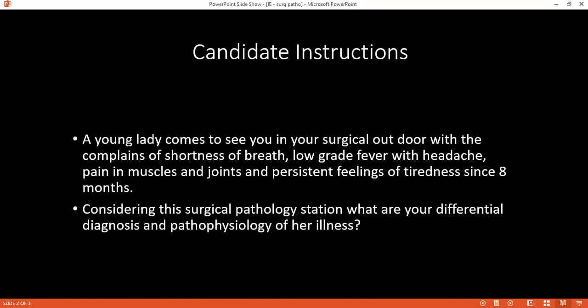How would you differentiate between rheumatic heart disease and infective endocarditis? For rheumatic heart disease, we will follow a criteria called Jones criteria, whereas for infective endocarditis, we'll follow a criteria called Duke's criteria.